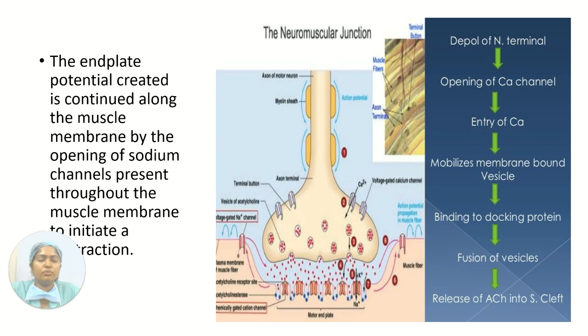So, the events at the neuromuscular junction are: depolarization of the nerve terminal, which causes the opening of the calcium channel, that causes the entry of calcium, which mobilizes the membrane-bound vesicle to bind to the docking protein, that causes the fusion of the vesicles and release of the acetylcholine into the synaptic cleft.